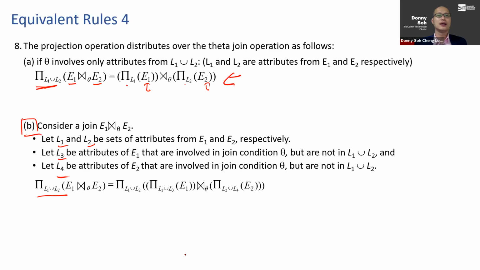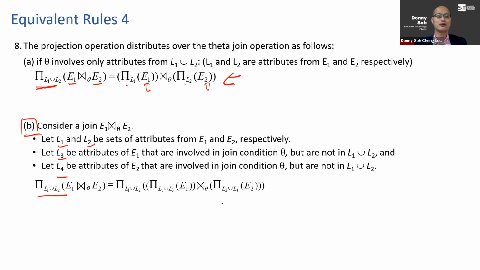L4 is those that are in the join condition, but they are not in L1 and L2. So it is the common attribute between E1 and E2, because they are involved in the join condition, but we are not going to project them out ultimately.